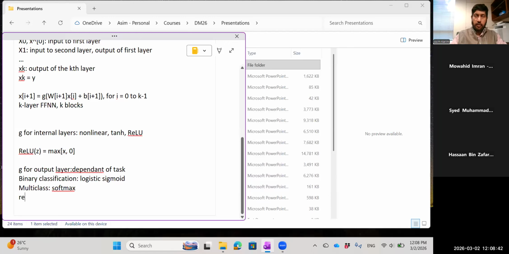If it is regression, we simply use the linear function, ठीक है. Okay, so we have completely specified the neural network, the feed-forward neural network, input, output, layers, activation functions, and parameters.